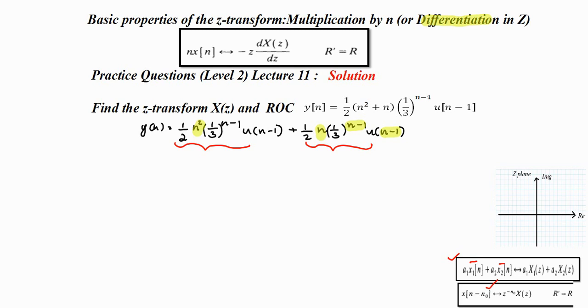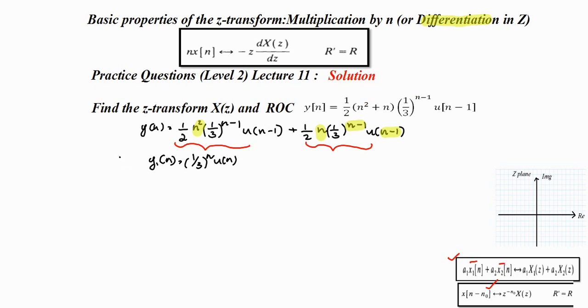So before doing the entire signal, first we will take one part. For example, let it be y1 of n, which is 1 by 3 the whole raised to n into u of n.